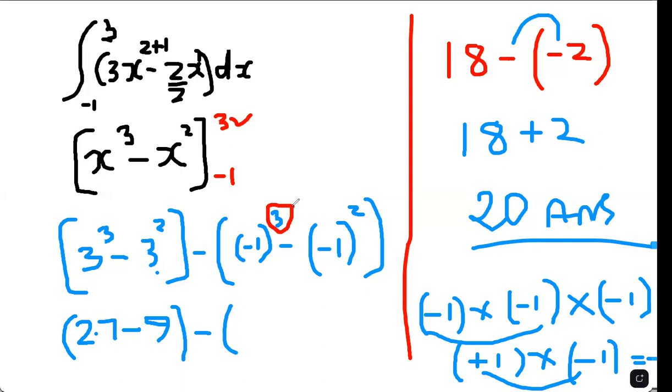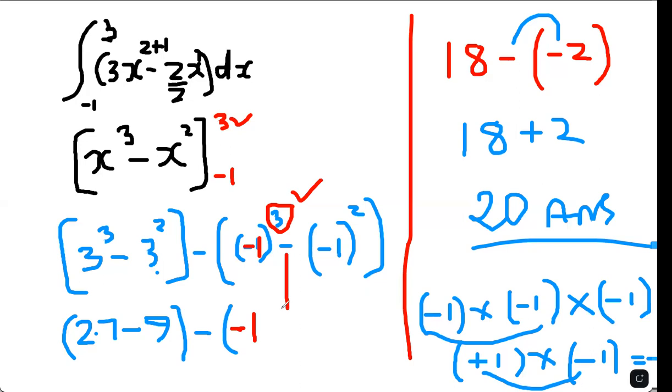When you raise a negative number to a power which is an odd number, the answer is always negative. That is why we are saying -1, because a 1 being multiplied 3 times still gives us a 1. Because this negative was being raised to an odd number, it comes back to be negative.